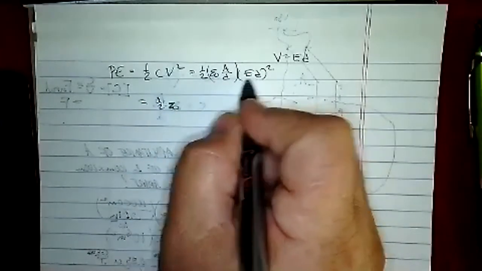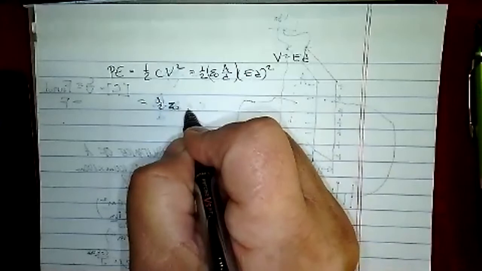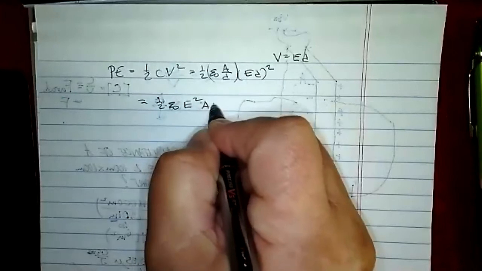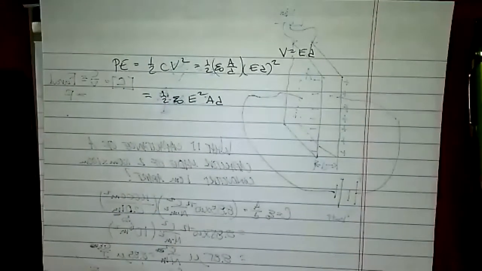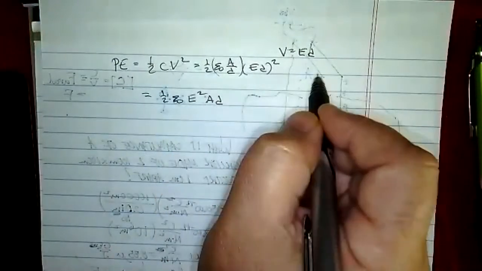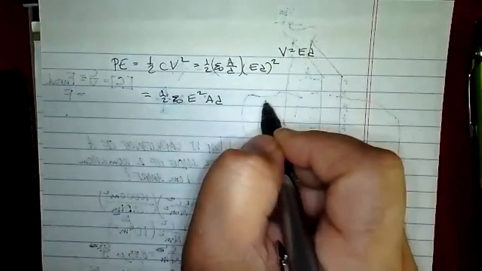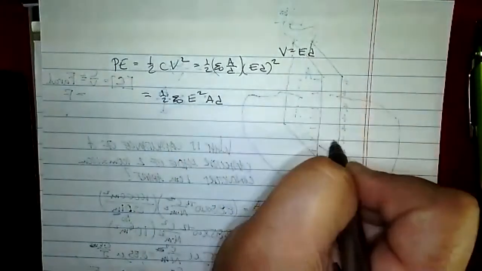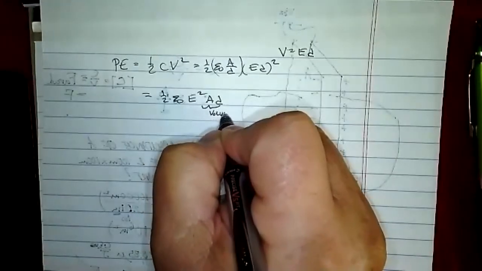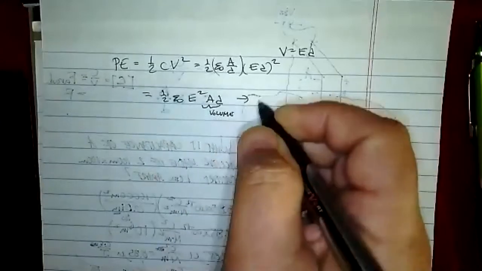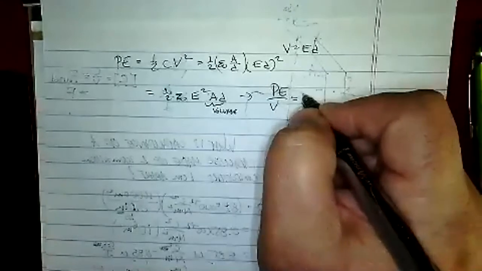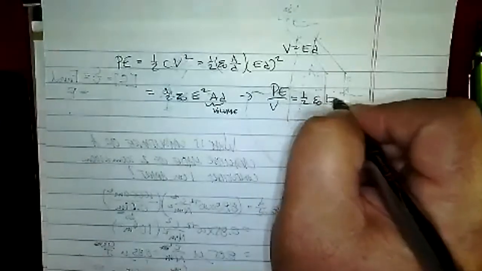This D squared will cancel out with one of the D's here, and I'm just left with E squared times A times D. Well, A times D, that's the surface area of the capacitor times the distance separation between them. That's literally the volume in the capacitor. So this is actually the volume between the plates. So we ultimately say that the potential energy per unit volume is equal to 1/2 epsilon 0 E squared.